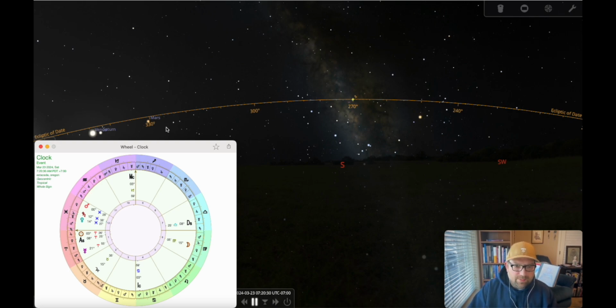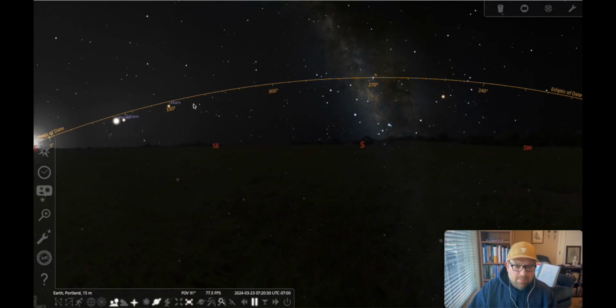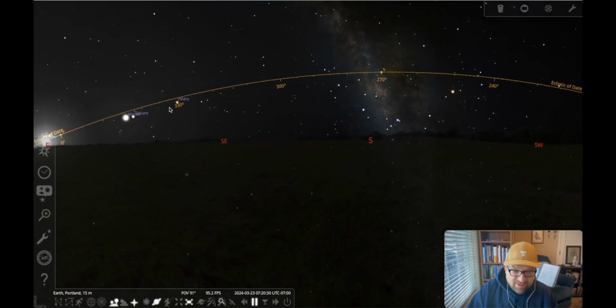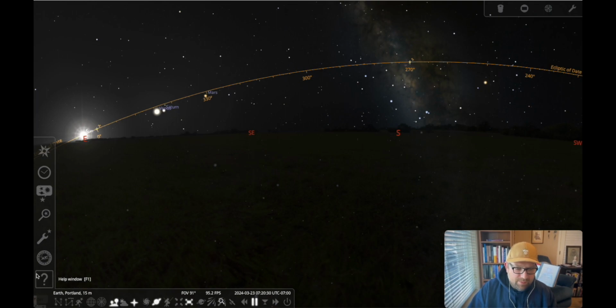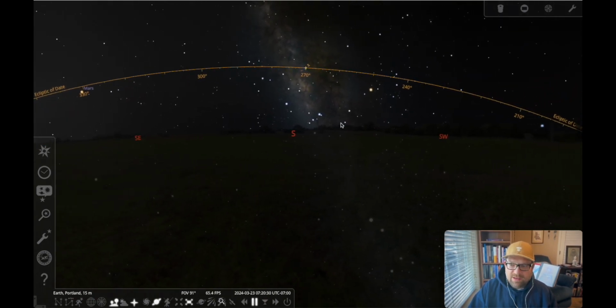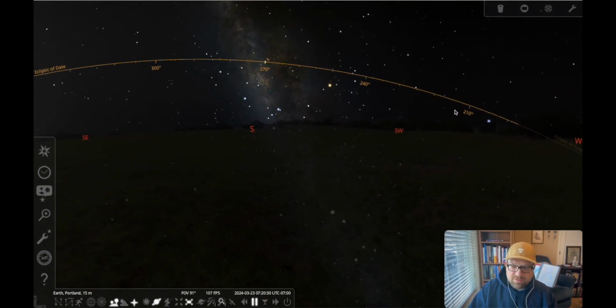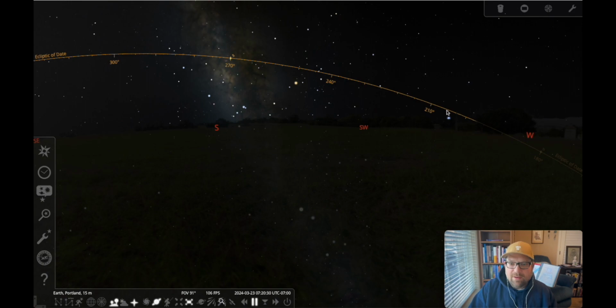But if you are looking at an astrology chart and you face south, you should be able to see, well, you wouldn't be able to see these planets in the daytime, but you would definitely be able to locate the sun at the eastern part of the chart. And if it was nighttime and, say, Jupiter was close to setting, you would see Jupiter over toward the right side of the chart where the western side is.